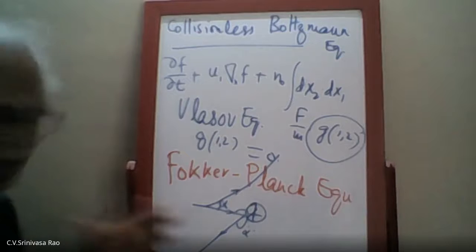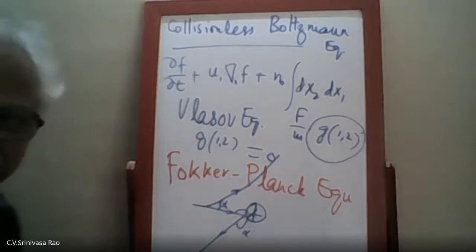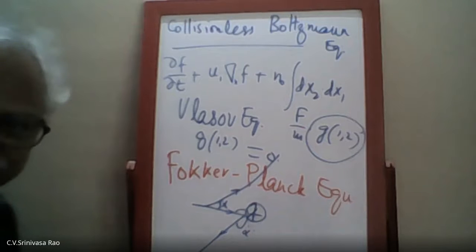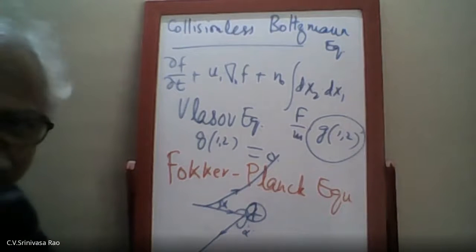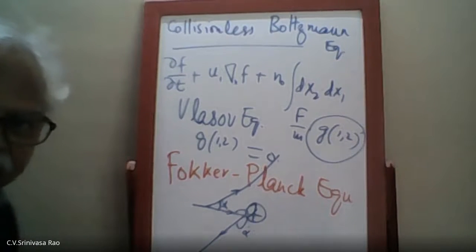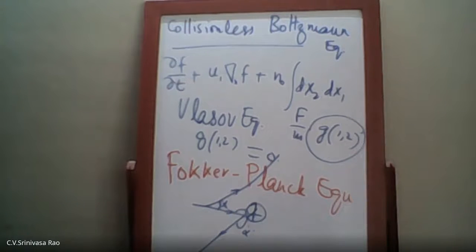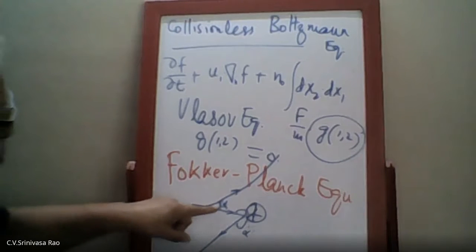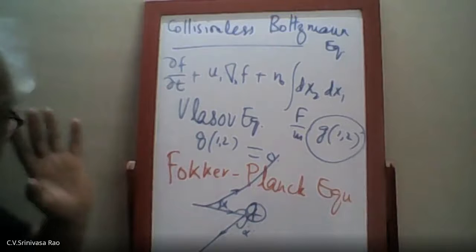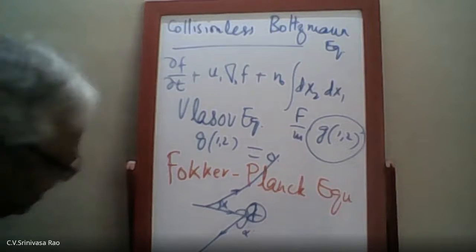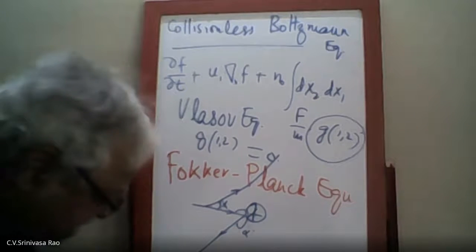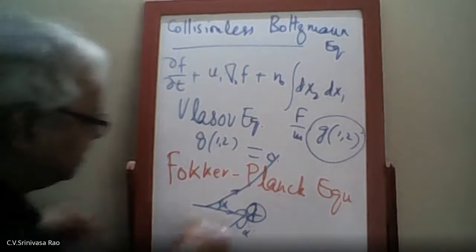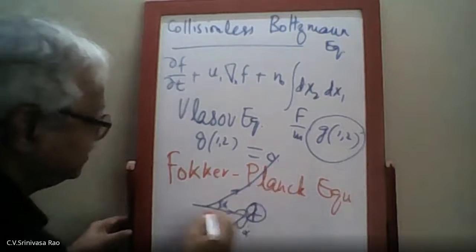So the concept of the Fokker-Planck equation is that only two particle correlations are taken, and three particle correlations are neglected, which means that you will have only small angle scatterings, no large angle scattering. That is because large angle scattering drastically changes the direction of the particles.